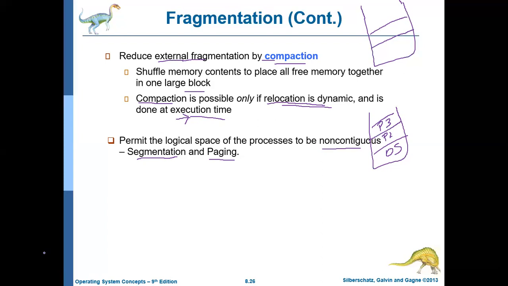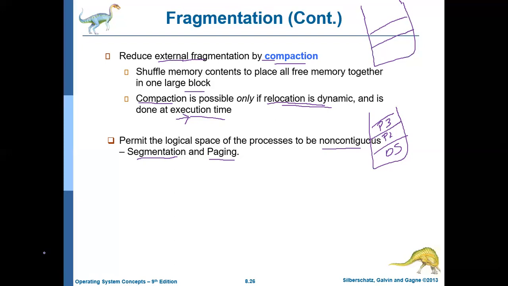External fragmentation means there will be sufficient holes for the new process if the holes were combined together, and then the new process could be accommodated in that hole.